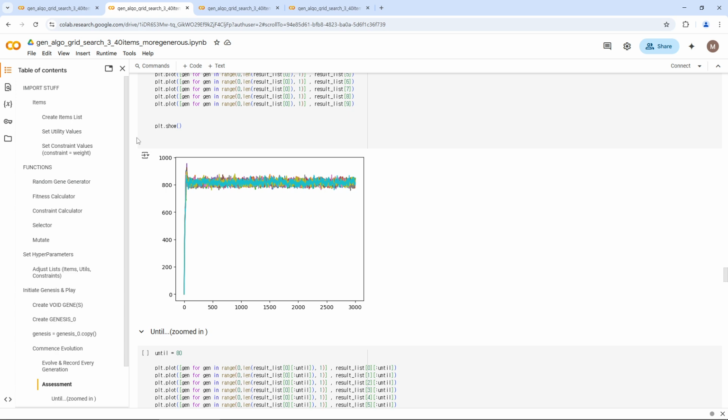So with 500 entities in the population, the first entity will have a weight of 500. The second will have 250 instead of 166. The third one will have 166 instead of 100, etc. This one's more generous. It's less competitive.